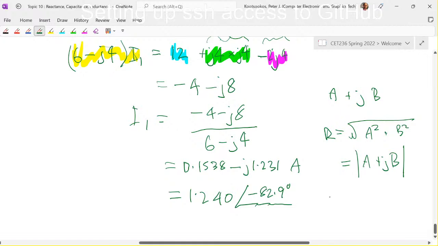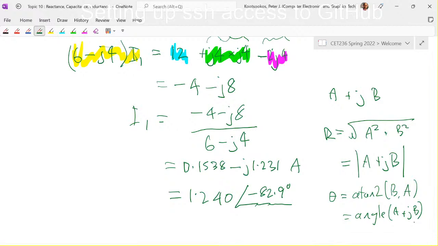Right, and then I've been saying theta equals a tan 2 of b comma a. That also works, but in MATLAB angle also works. The reason I prefer angle is in order to do the a tan 2, I've got to get the imaginary part of the number and then the real part of the number to feed it into a tan 2, whereas angle I just give it the complex number and it's straight away.